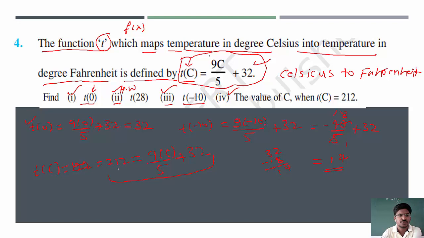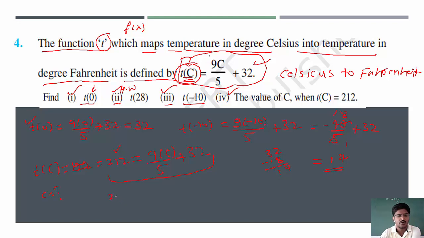That means the T of C formula is 9C divided by 5 plus 32. In the place of T of C, you write 212 and you know the formula 9C by 5 plus 32. Now you have to simplify this equation and find the value of C.